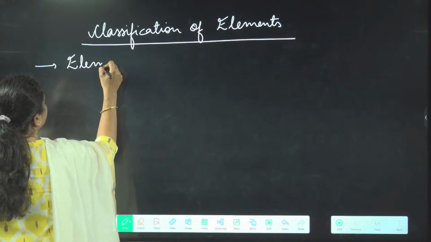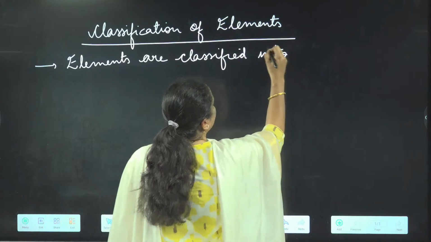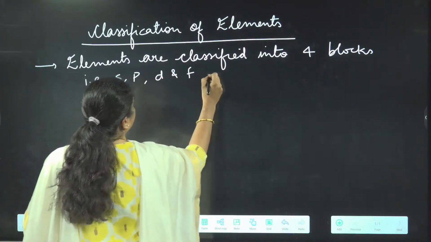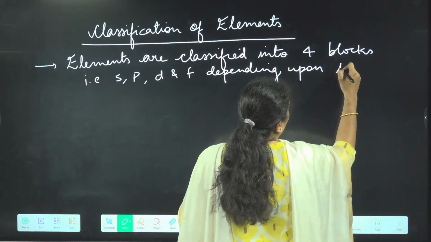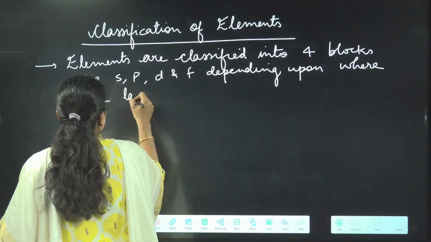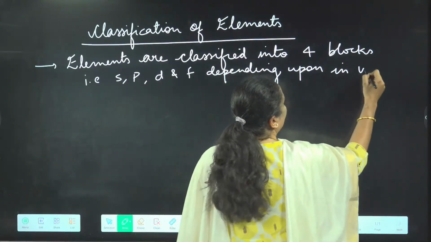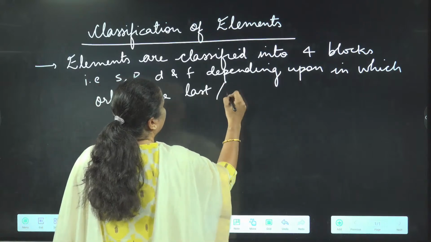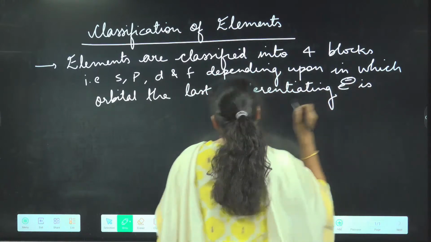So here I am going to write down: elements are classified into 4 blocks, that is S, P, D and F, depending upon in which orbital the last or differentiating electron is entering, right?